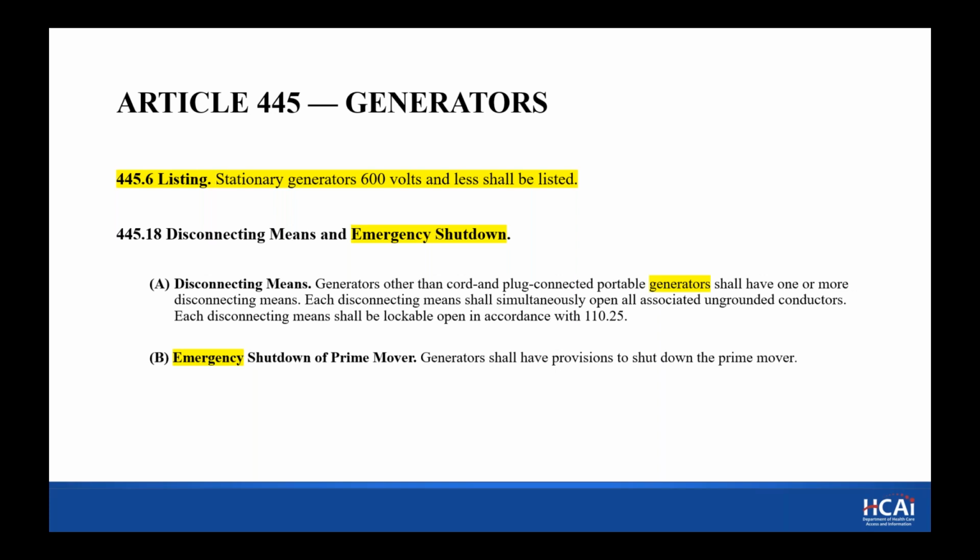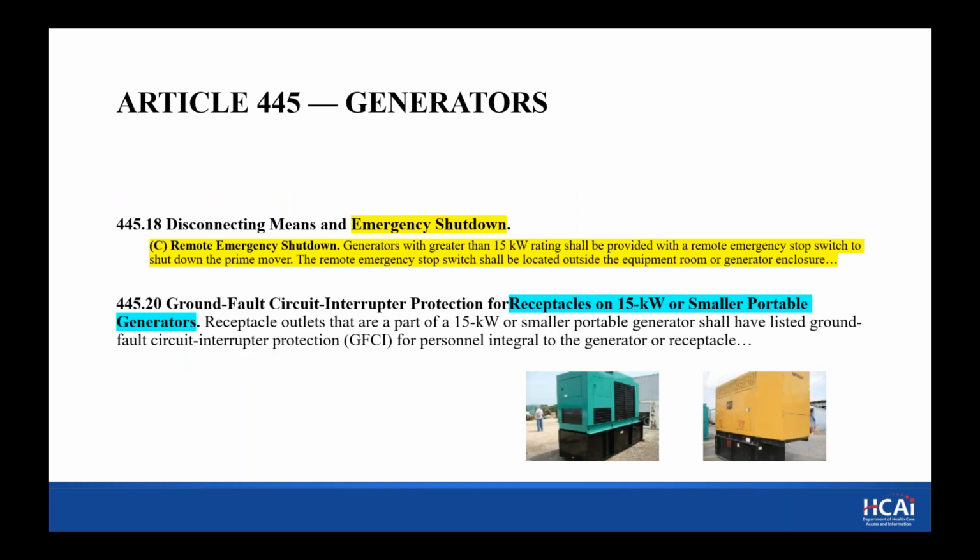Emergency shutdown of the prime mover is required. Remote emergency shutdown: generators that are greater than 15 kW shall be provided with a remote emergency stop switch to shut down the prime mover, located outside the equipment room or generator enclosure. And then here's just another reference for GFCI for the receptacles on 15 kW generators.